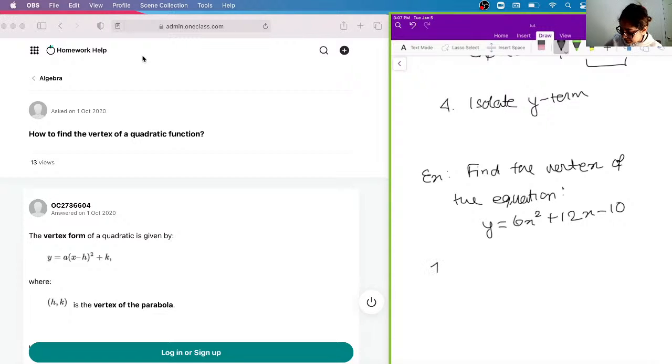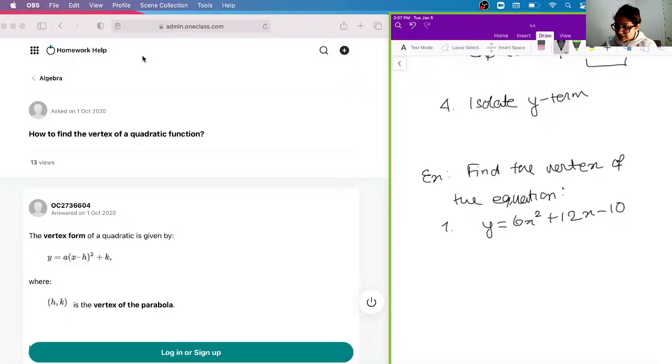Step one says to express it as a template, like how a normal quadratic function is placed. In this case, it is already in that layout.